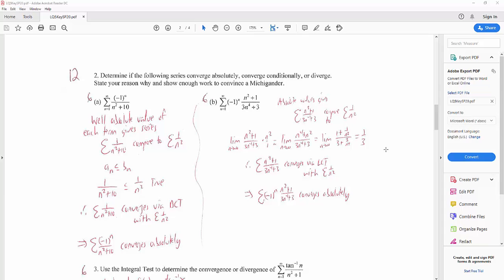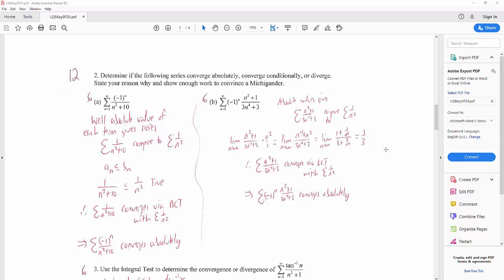So I wrote down the preamble to the direct comparison test. A sub n less than or equal to b sub n. A sub n is 1 over n squared plus 10. B sub n is 1 over n squared. That inequality is true thanks to our denominator argument. The numerators are the same.